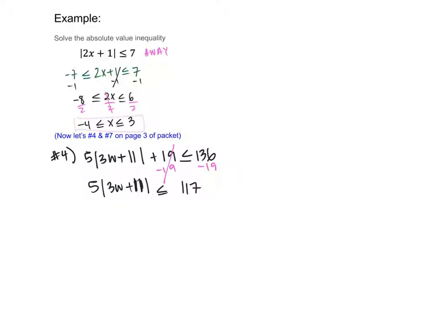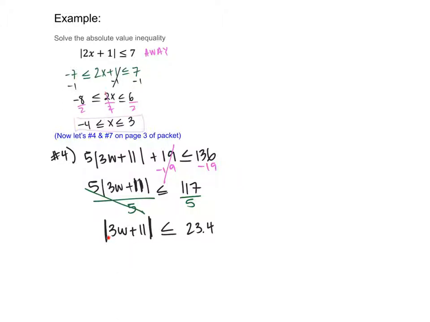And then if you divide by 5 to get rid of this 5, you have to divide on the other side. So this is where you might want to bring in your calculator. 107 divided by 5, I believe, is 23.4.